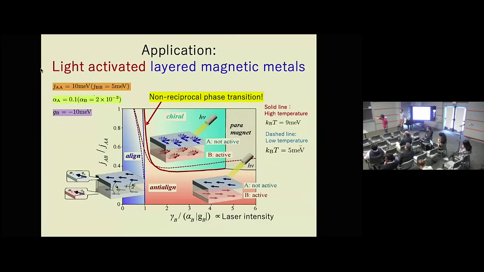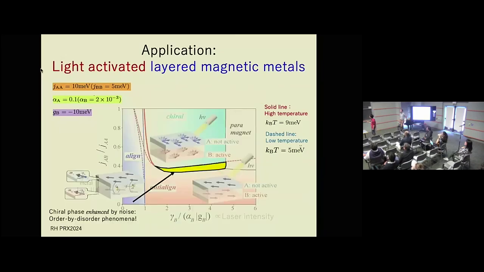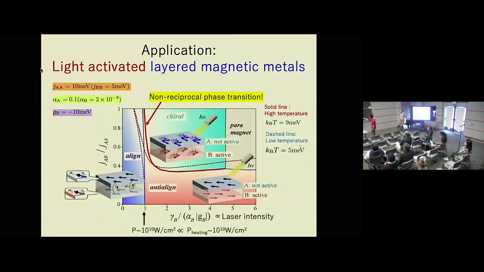Oops, there's a typo. This is 10 to the power 8. Sorry, that's a crucial typo. We estimated that it's 10 to the power 8 watts per centimeter squared, which is smaller, at least than the numbers that we used.